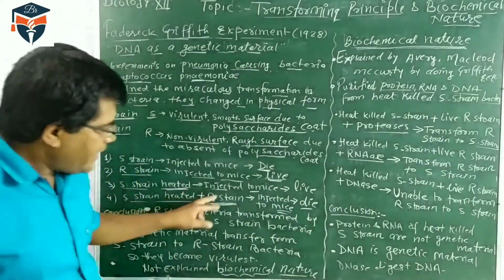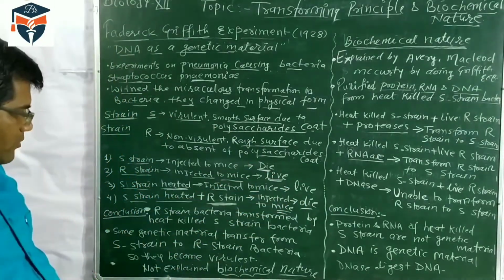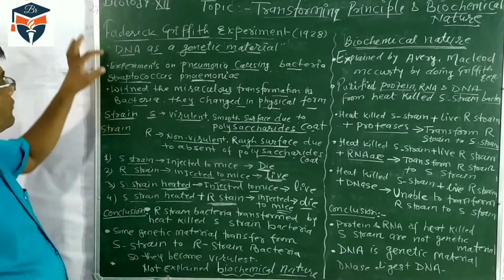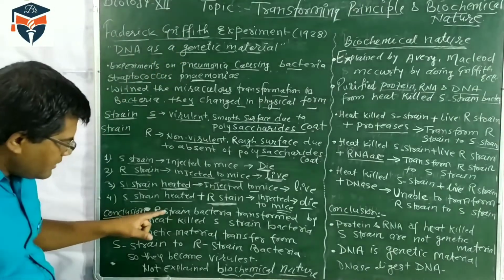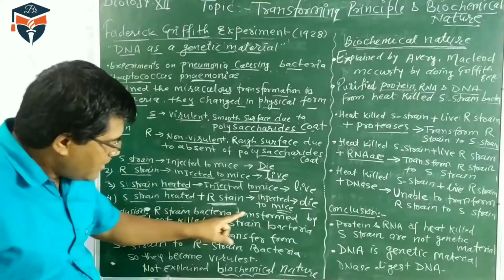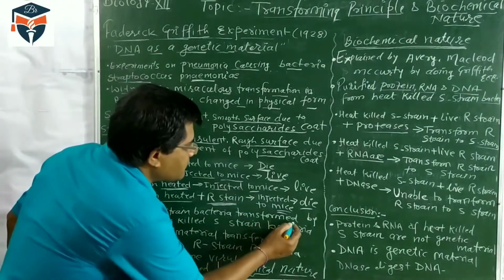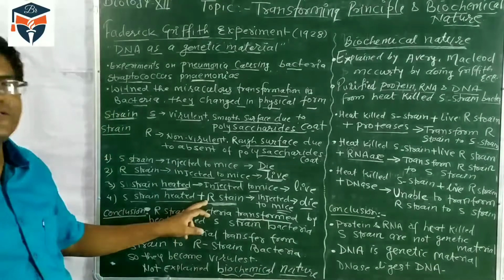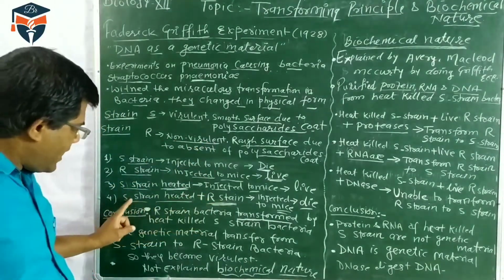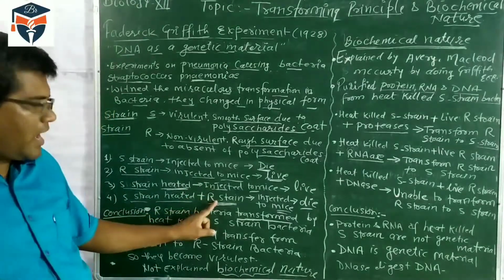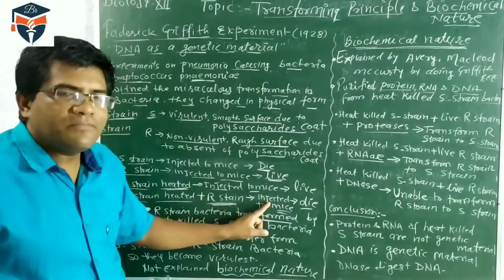It means the mice are suffering from pneumonia. So Griffith's conclusion was that the R strain bacteria transformed.